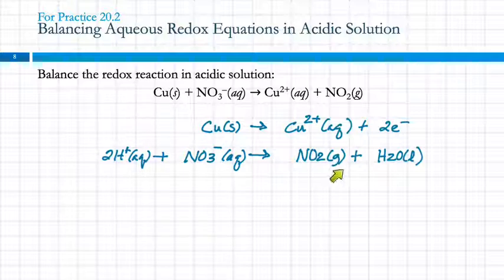Down here, I have 0 on the right side, and I have +2 and a -1 on the left. So that's a total of +1. So if I add an electron here, then I have -1, +1, +1, and -1 adds up to 0.